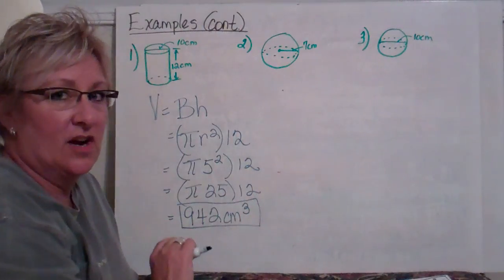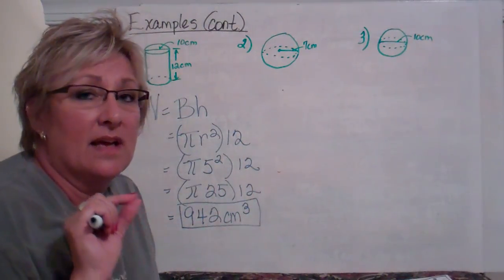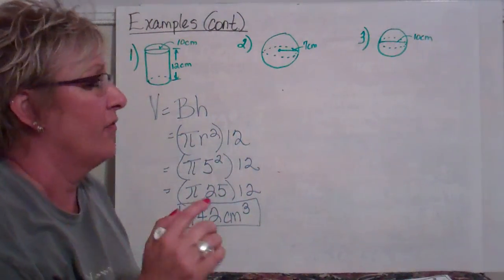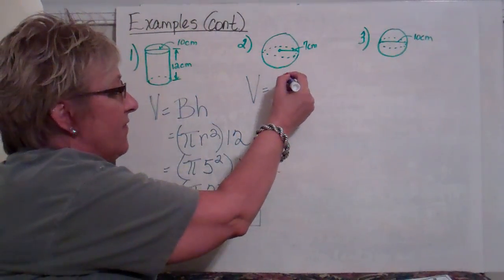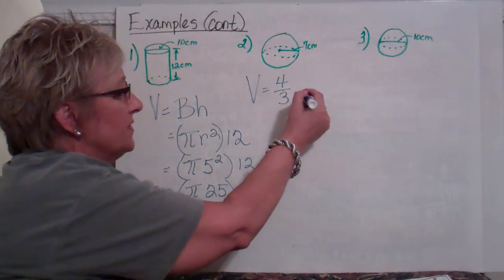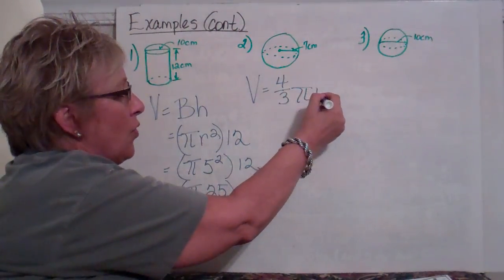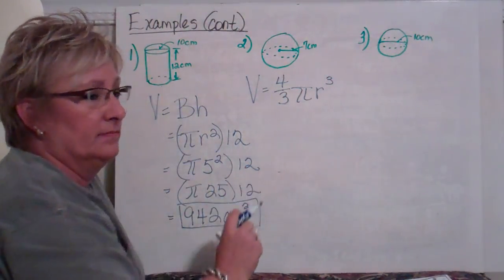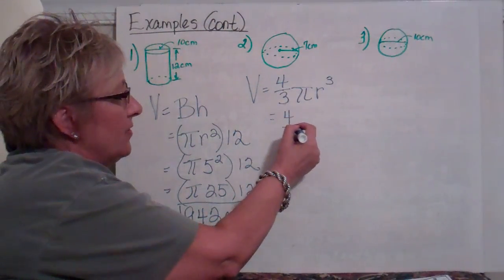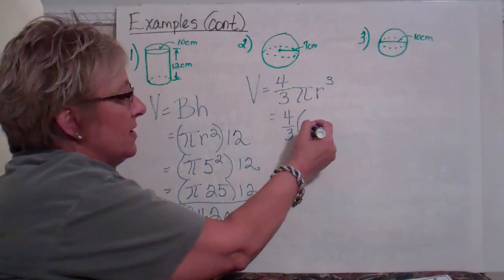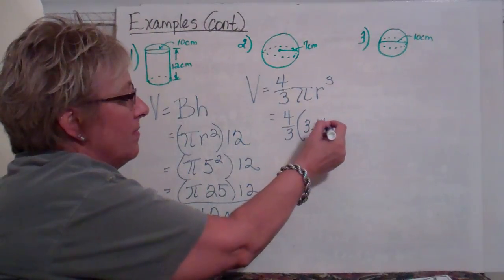Now I've got a sphere. Now remember, this might be a formula that you have not used before, but I should know by now that the volume is going to be 4/3 pi radius cubed. Okay? 4/3, let's go ahead and just write that down. I know that pi is going to be 3.14.